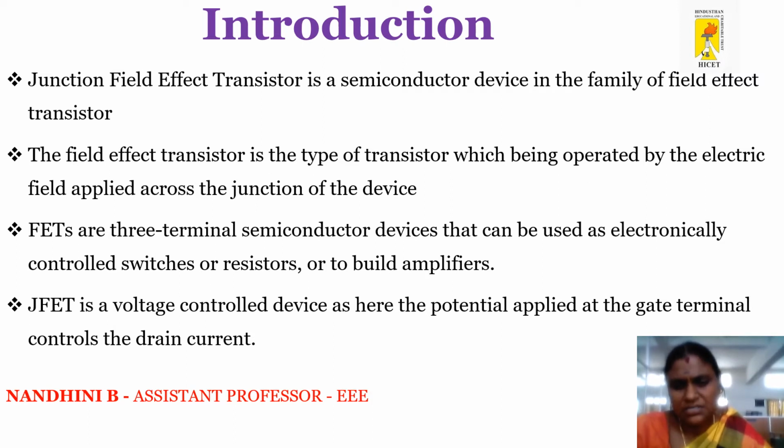The operation is done by applying electric field across the junction of the device. Normally, JFET is a 3-terminal semiconductor device. It is commonly used as switching devices and as amplifiers.